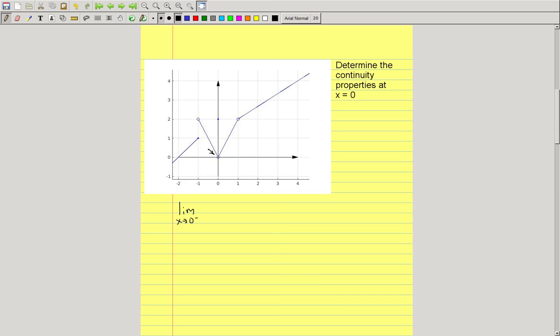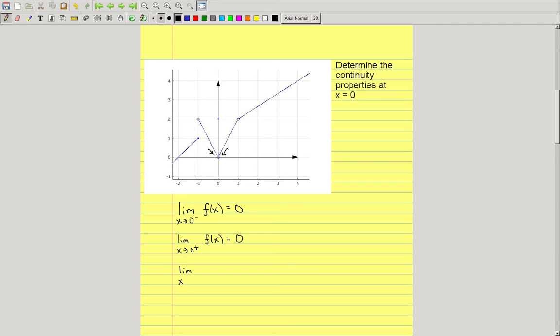We see that we're getting closer and closer to 0, and so we recognize that this is our left-handed limit. Next, we look at the limit from the right, and coming down, we see also again that our value is equal to 0 as we come down to 0 from the right.